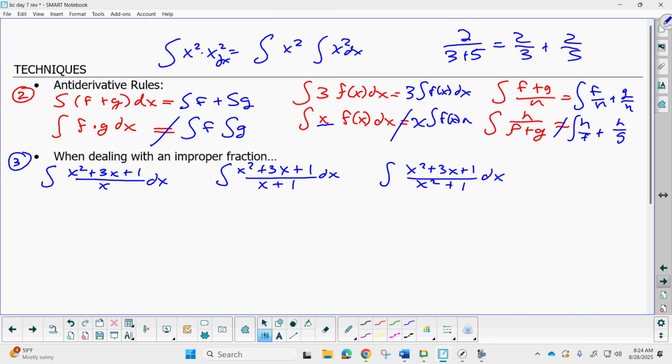This will start to venture into new territory, so be with me, please. This first case is easy. How would you integrate it? You would first split it using that idea of splitting a sum in the numerator into x plus 3 plus 1 over x.